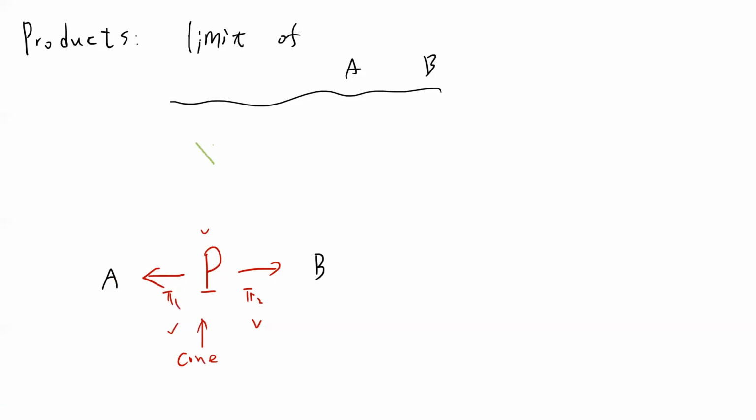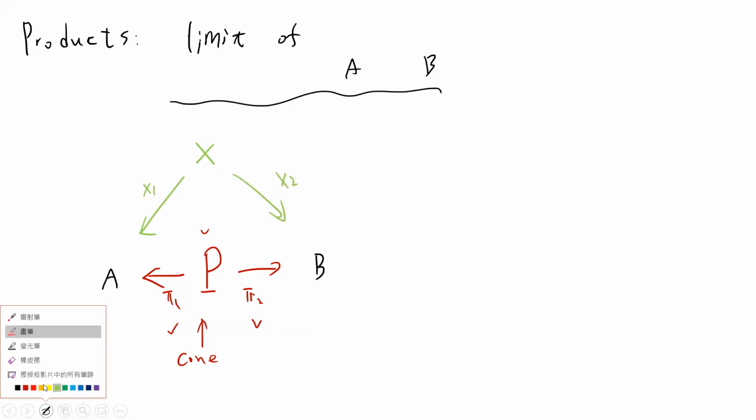P, pi1 and pi2 are the product, such that it is terminal. That is, if you have any X with maps x1 to A and x2 to B, then there is a unique U. This U is the universal property, so it must be unique.